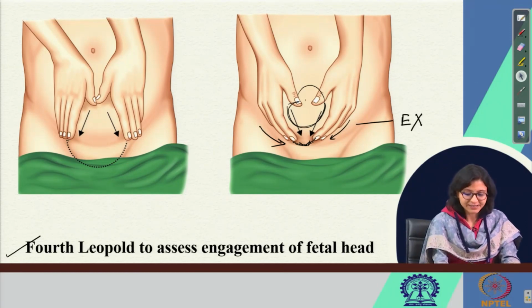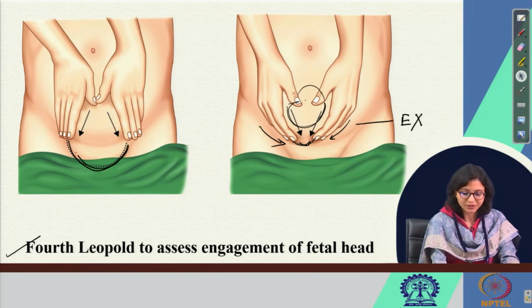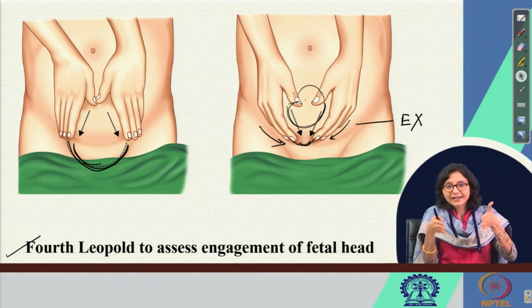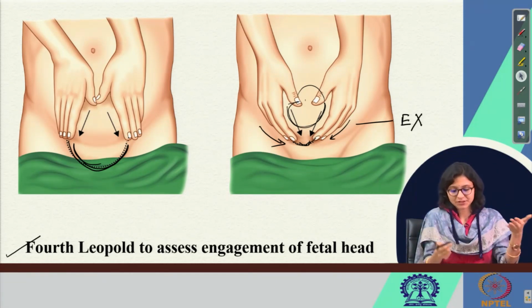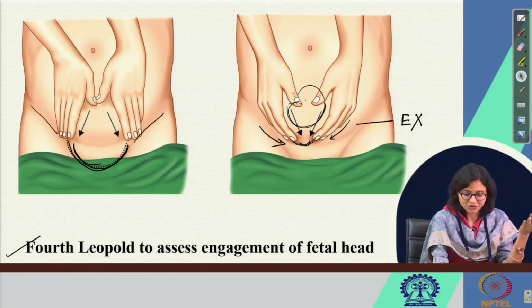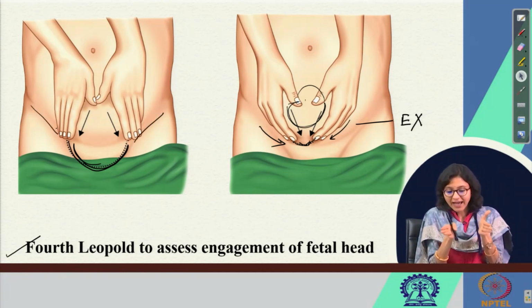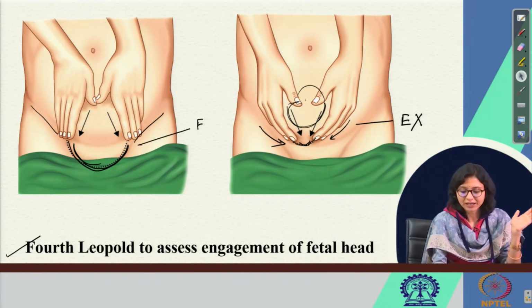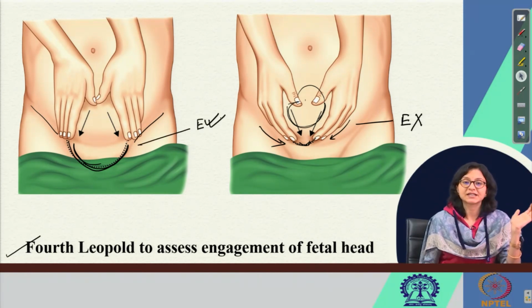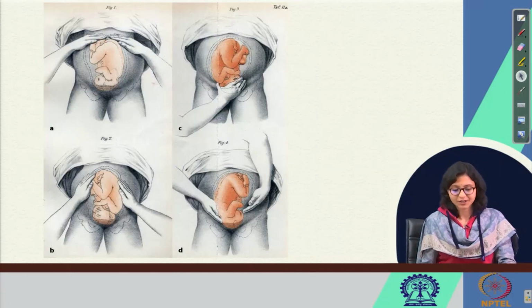But here the fetal head has gone down inside the maternal pelvis, and now the two fingers cannot oppose below the fetal head by parabdomen examination. This is parabdomen examination. So the hands remain divergent. So here we come to the conclusion that engagement has already occurred.